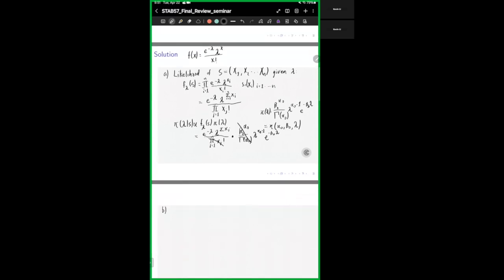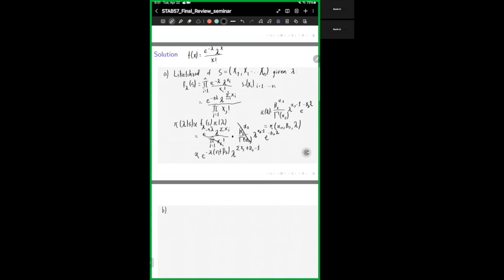So this one is proportional to e to the negative lambda, and then times, n, I forgot to do negative, e to the negative n plus beta naught lambda with the sum of xi plus alpha naught minus 1.